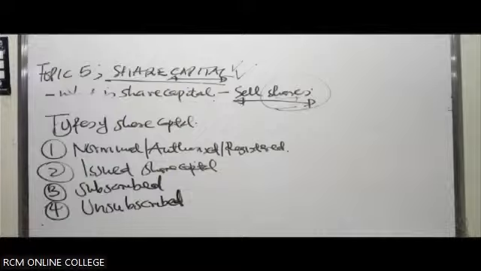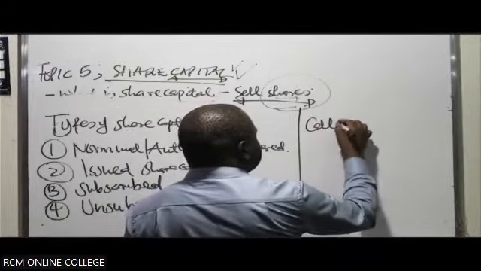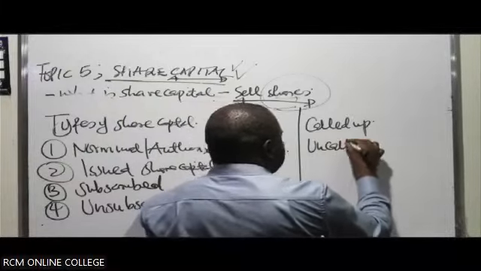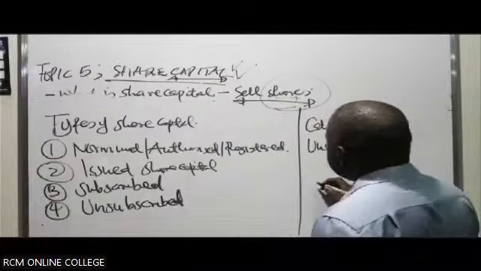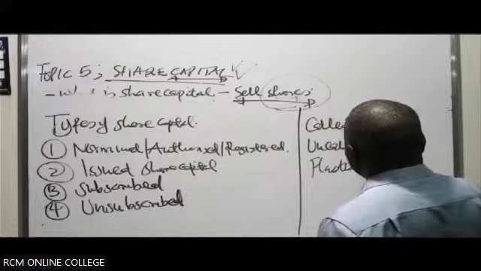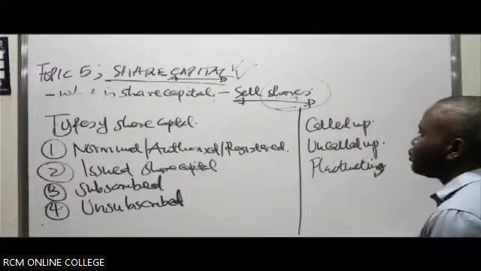We can have called up share capital and uncalled up. We can have fluctuating capital. So these are some of the types we can have.